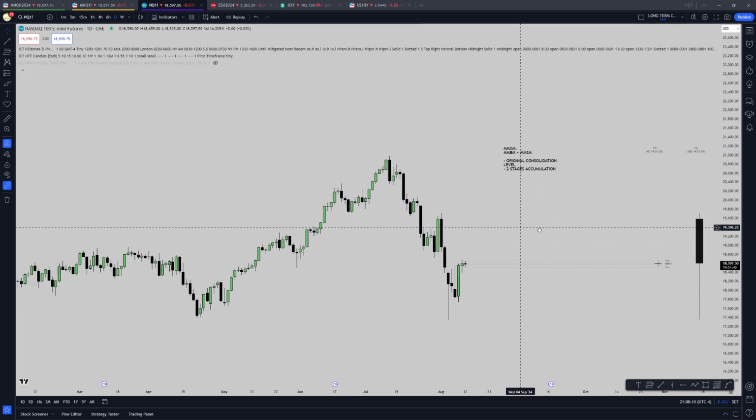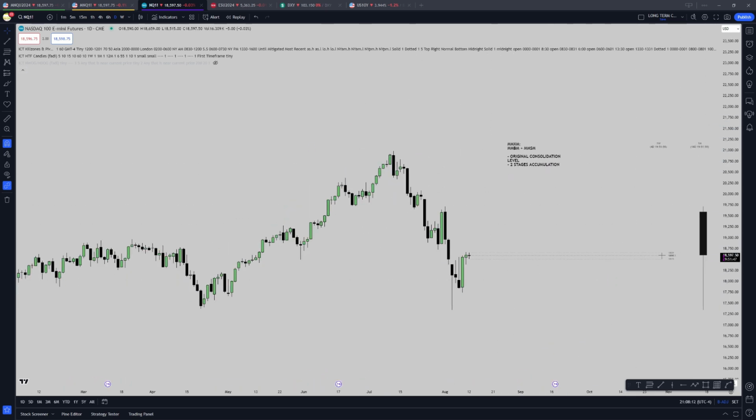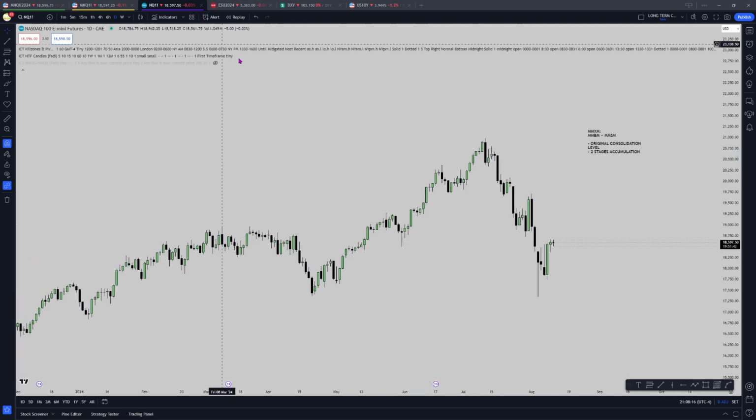So right here I'm on the daily chart on the NASDAQ. I'm going to go ahead and mark the yearly opening price right here.